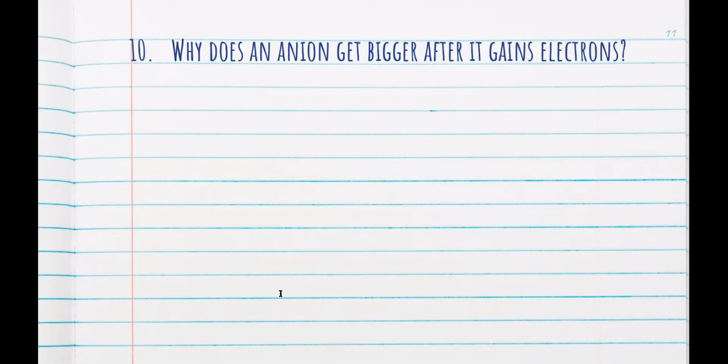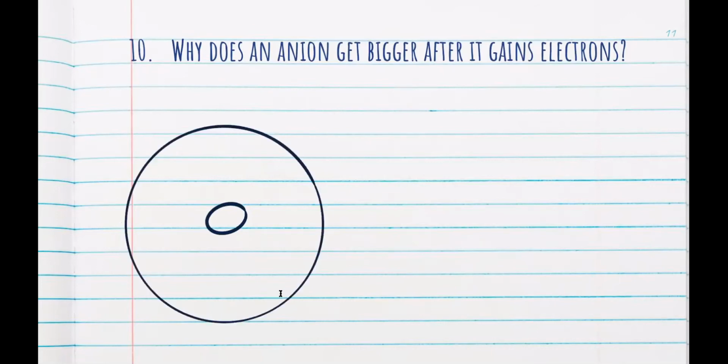So let me bring back my hydrogen atom. But now this time, I'm going to draw another electron. Now it's a hydrogen anion, and these two negative charges are going to want to be as far away from each other as possible.